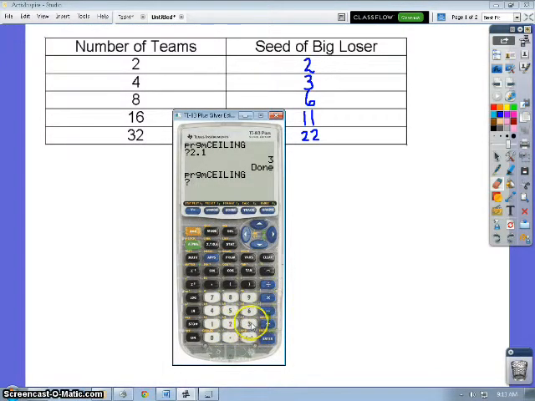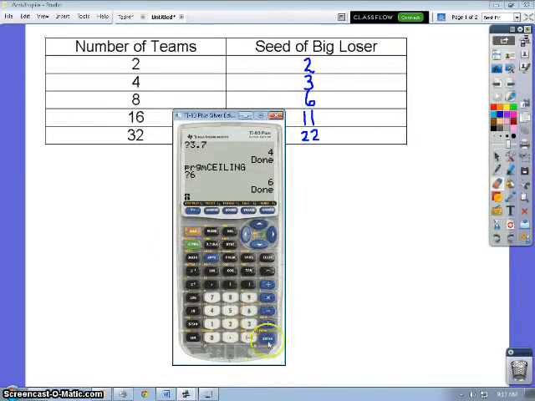Let's say I input 3.7. Well, when I hit enter, it takes my input and it rounds it up to the nearest whole number. What if I use as input, say, the number 6? Well, it just returns the number 6. There's no rounding up that needs to be done because the 6 is already at the nearest whole number.